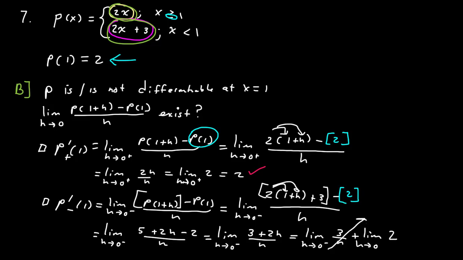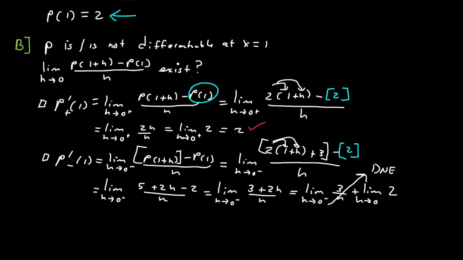See, this one here does not exist. Specifically, it's negative infinity, but it doesn't matter. It doesn't exist. And since it doesn't exist, it's impossible for this to equal this. So it's not necessarily slope approaching.